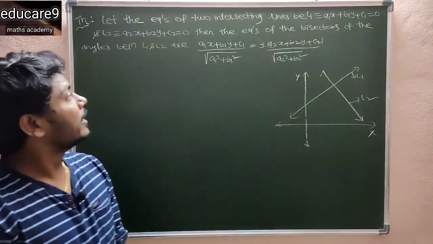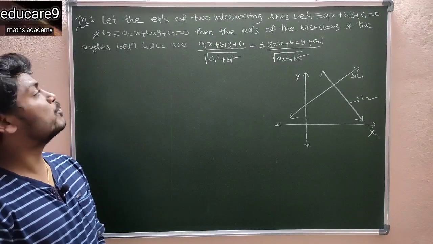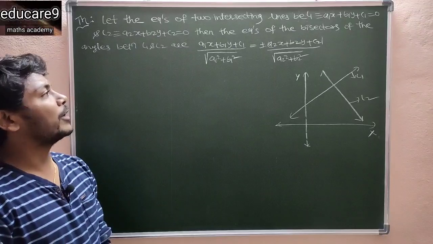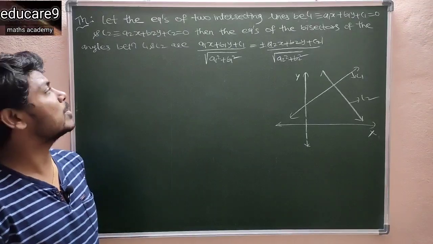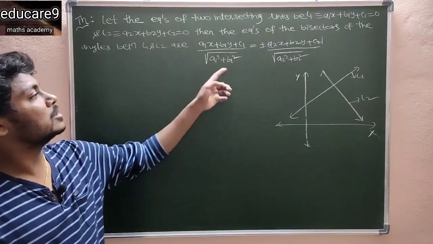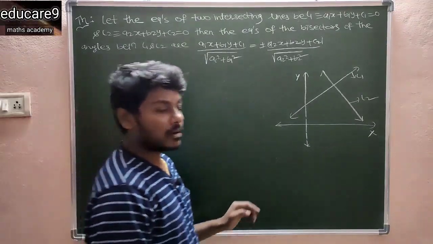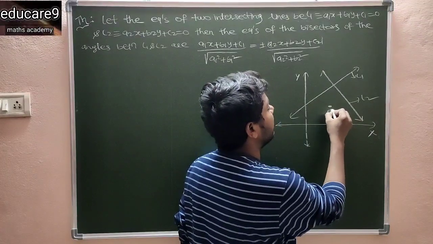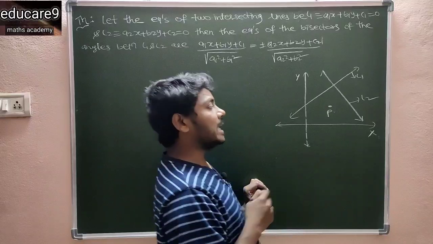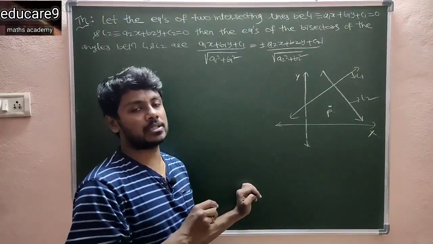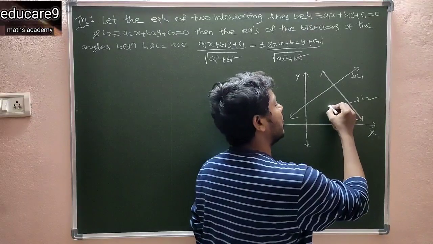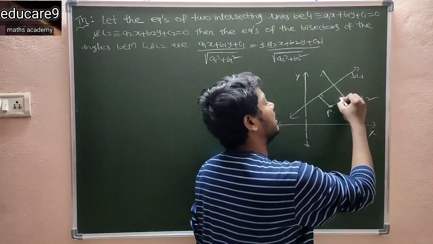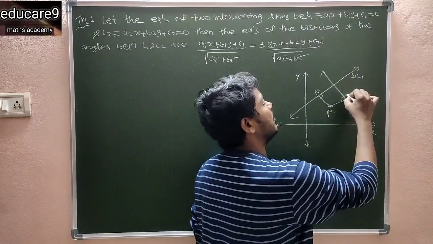Then we need the equations of the bisectors of the angle between L1 and L2, that is, the equations of angular bisectors. For that, let P be the locus of a point which is equidistant from the two lines. Draw perpendiculars from P to L1 and L2. Suppose these are M and N.